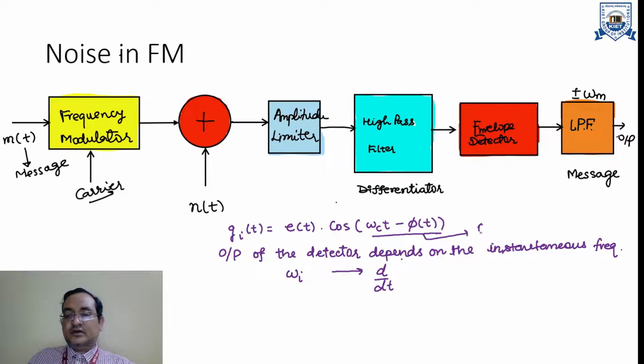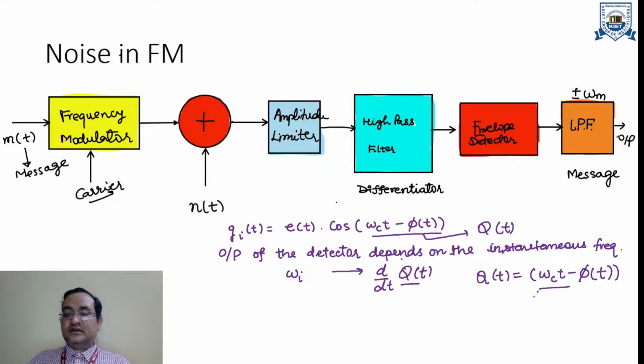Let us suppose this is q(t), where q(t) is omega_c t minus phi(t), which is the angle.